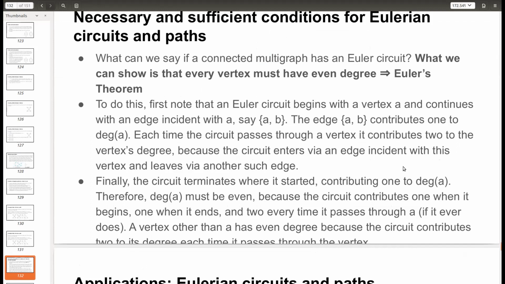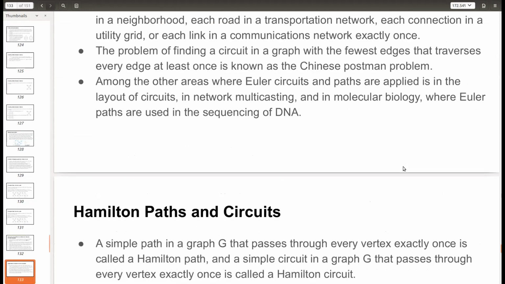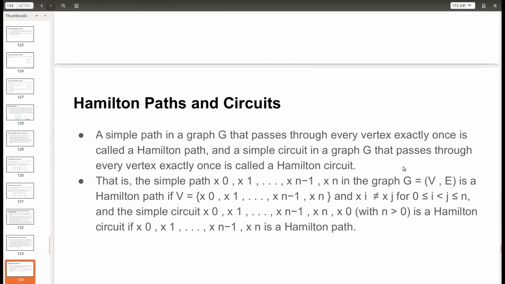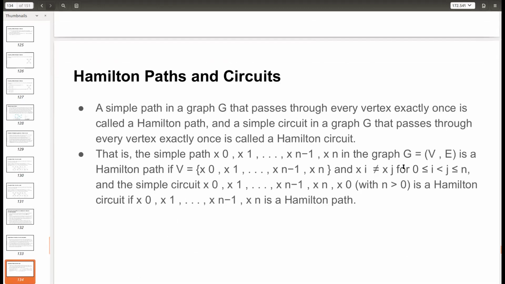Which is also known as Euler's theorem, right? And then we saw some of the applications of Eulerian circuits, and then we moved to something called Hamiltonian paths and circuits, which are a slightly different concept from the Eulerian. In this, it's again going to be a simple path or a simple circuit, but the difference is you cannot pass through a vertex twice.